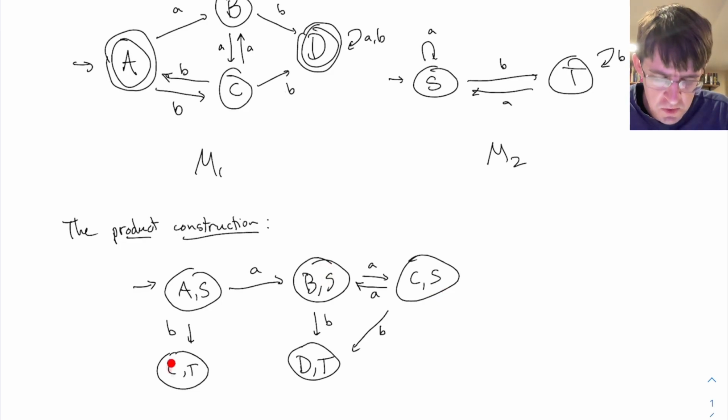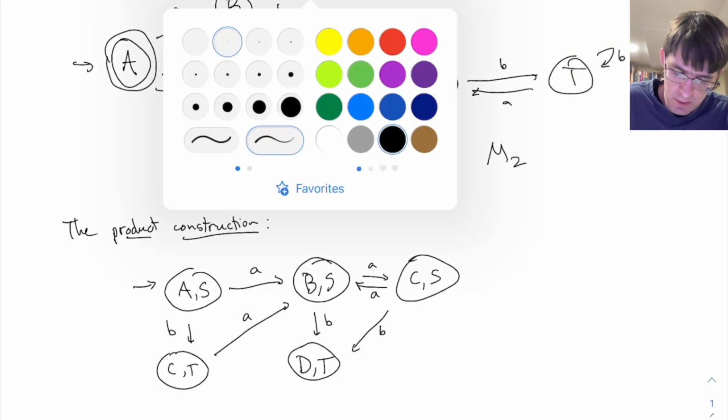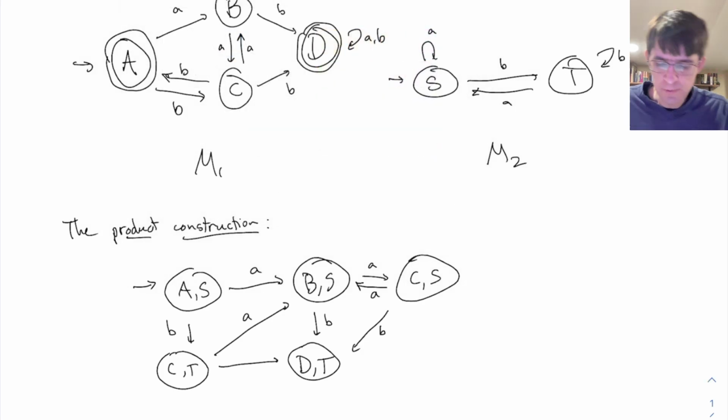How about, let's go down to C and T. Where does that go? When I do A from C, it goes to B. And when I do A from T, it goes to S. So that goes to BS, which is up here. From CT, when I do the letter B, C becomes D, and T stays like it is. That becomes DT. So it's here. And I think we're almost done, hopefully. This DT, I need 2 arrows from DT.